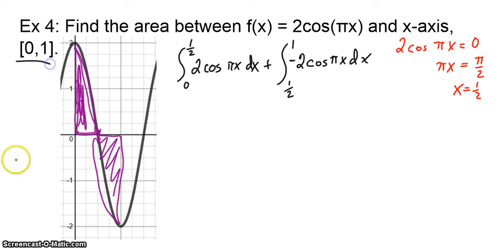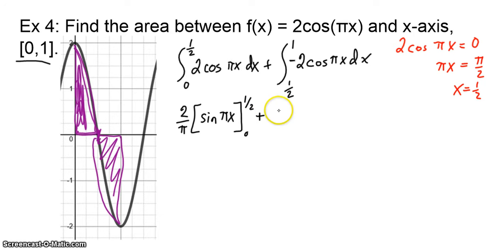Again, closed interval from 0 to 1. And we've already done these antiderivatives, so I'm not going to go back through that. And it's what's nice about this, it's the same antiderivative. This one just has the negative in front, that's all.